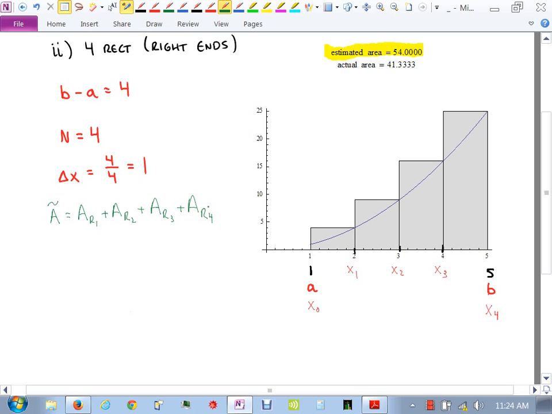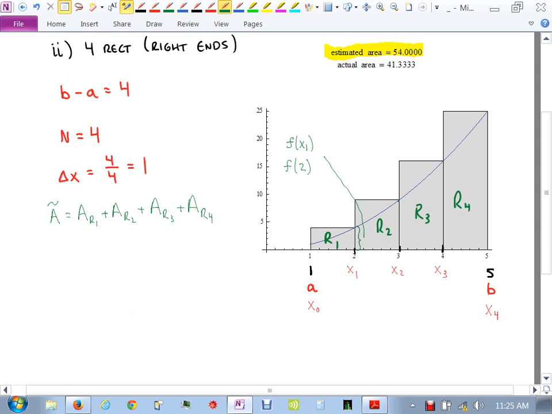Okay, let's find the areas of each of those. Oh, you know what we didn't do? We didn't find the heights. Let's talk about the heights. The height of this first rectangle, and I never labeled them, R1, R2, R3, R4. Okay, so the first rectangle, its height is f of x1, which in this problem is f of 2, right?